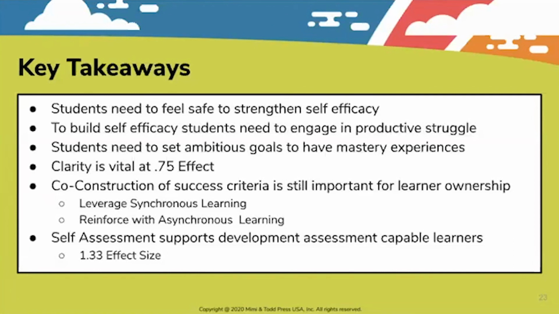We also discuss clarity, how important clarity is, clarity of the expectations, not only for the kids, but also for the parents and the families and the caregivers at home, because they're now doing a lot of coaching of learning with their own kids. Co-construction of success criteria is super important for learner ownership.